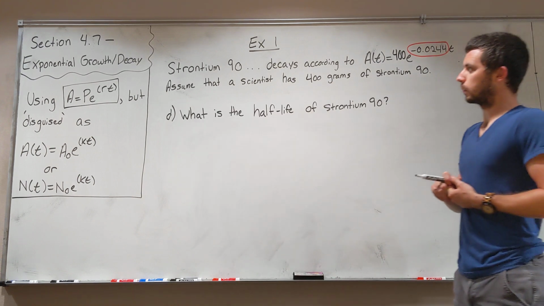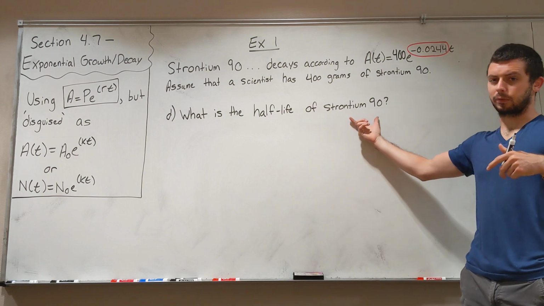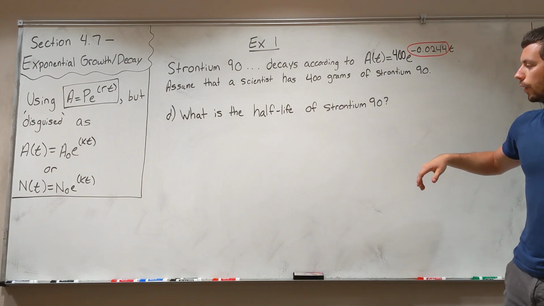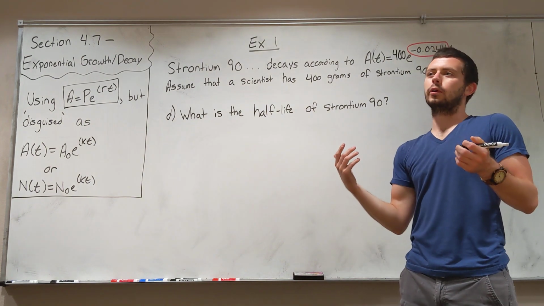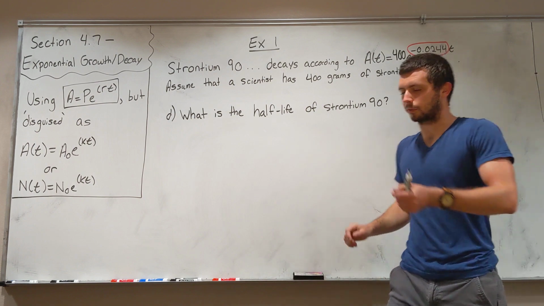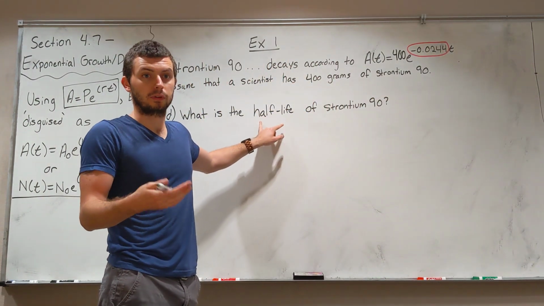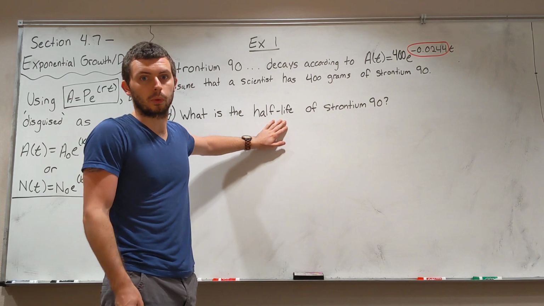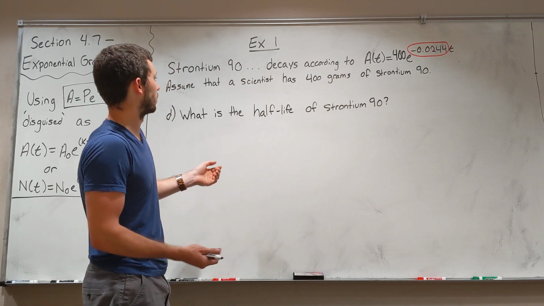So to conclude example 1, we are now going to look for the half-life of this mineral. And if you see the word half-life, we've seen something like this before, except instead of half-life, it said double. If a certain value doubles, except in this case, instead of double, the starting value is going to be split in half. So what is the initial value in this problem?